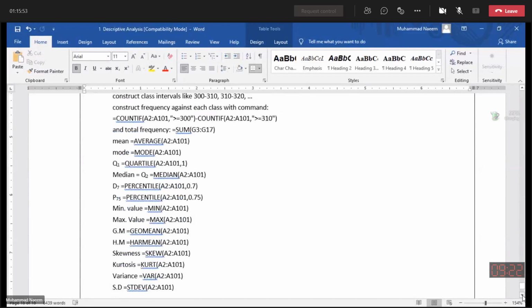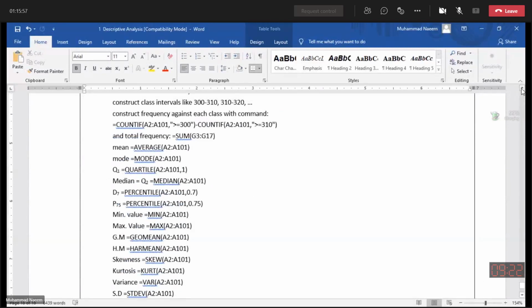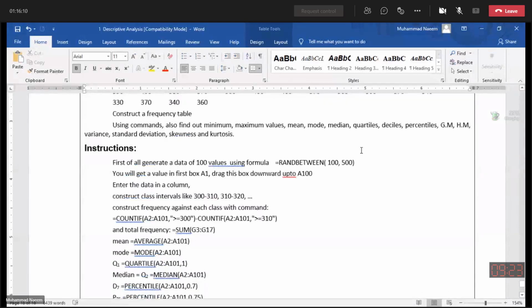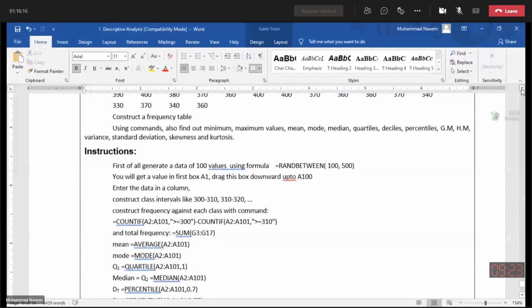Otherwise, manually. One more thing, you can also generate these 100 values using an Excel sheet. Not necessary to use the same, generate by your own.